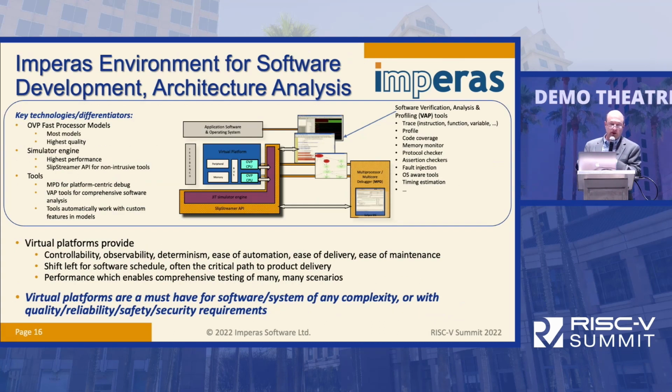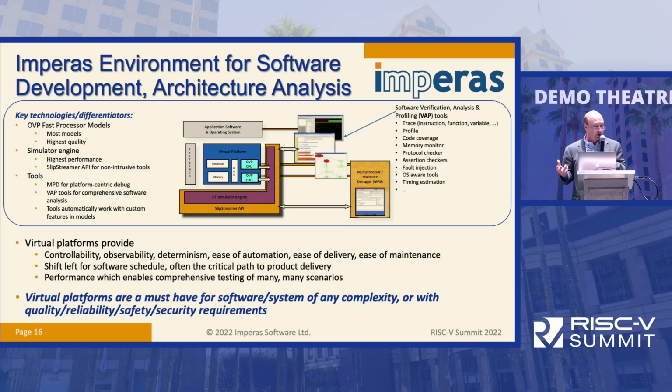There's also the virtual platform and software simulation side of this. The key pieces here are the processor models, the simulator engine itself, and the tools. We've got a list of the tools here. I mentioned some of those, but also fault injection, OS-aware tools, and timing estimation tools.